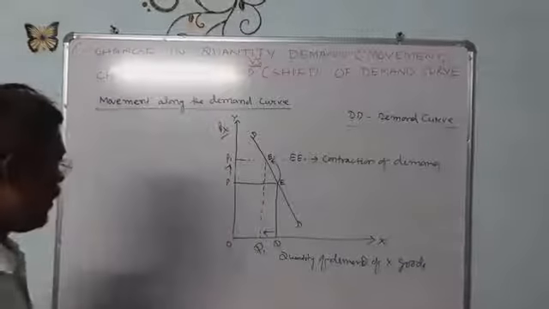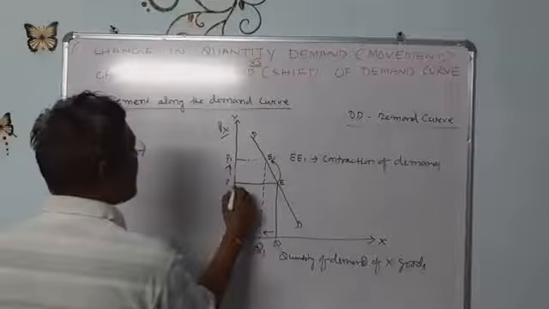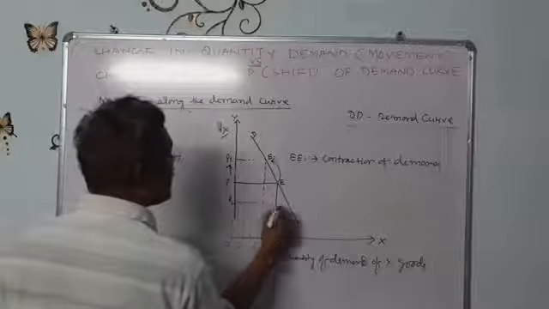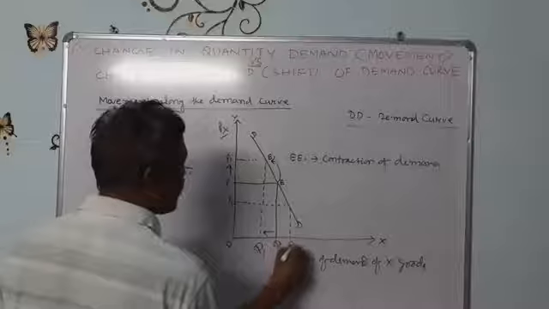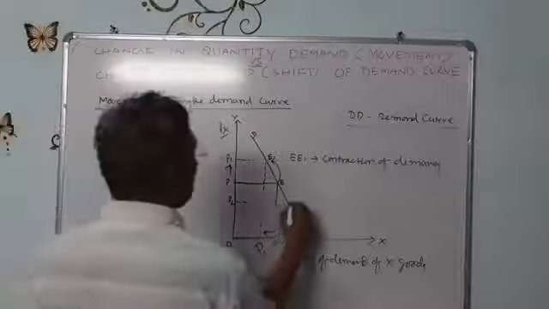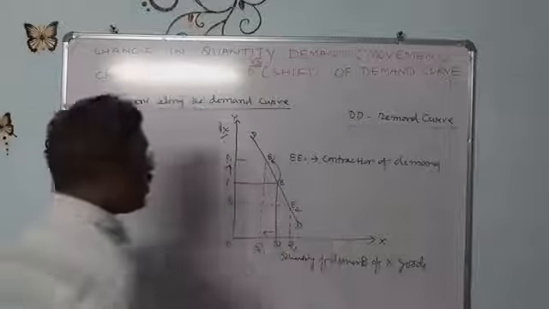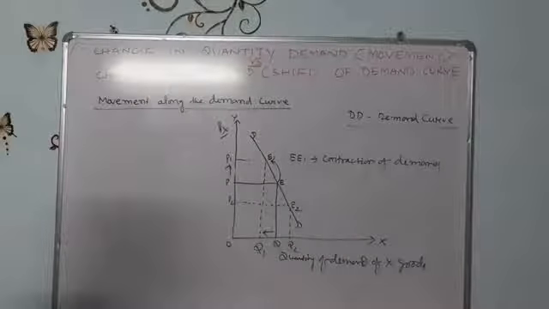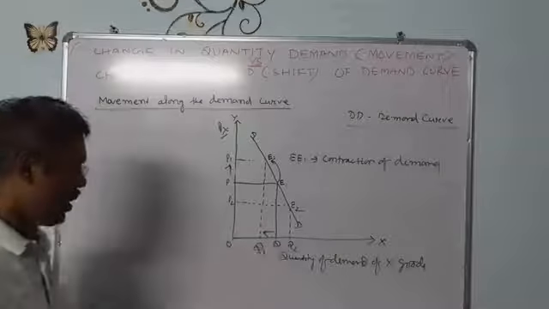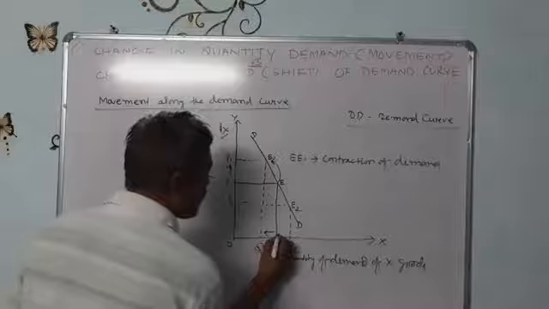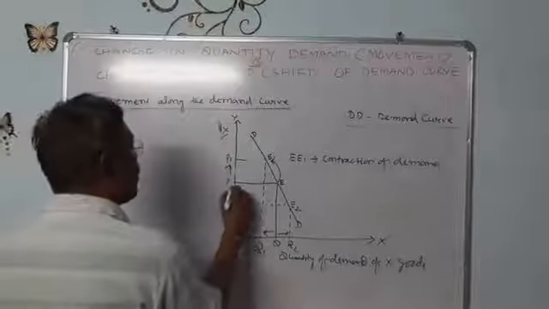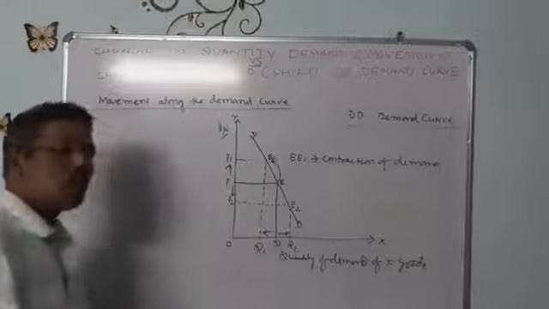Similarly, if price decreases from P to P2 and quantity demanded increases from Q to Q2, then E2 is a point on the demand curve. That means OP2 is the price and OQ2 is the quantity demanded, and QQ2 is the increase in demand due to the fall in price from OP to OP2.